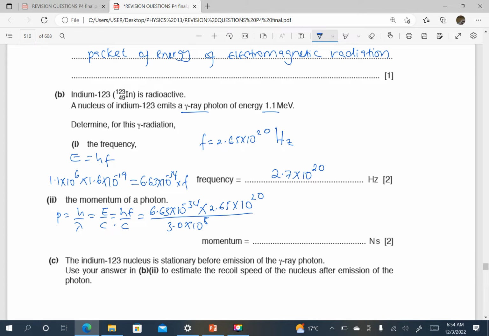When I press my calculator, this gives us 5.9 times 10 power negative 22 in newton seconds.